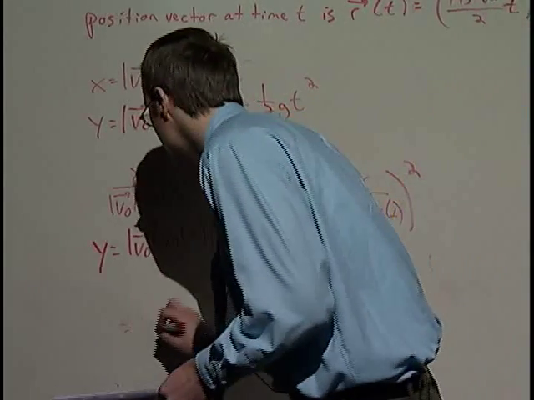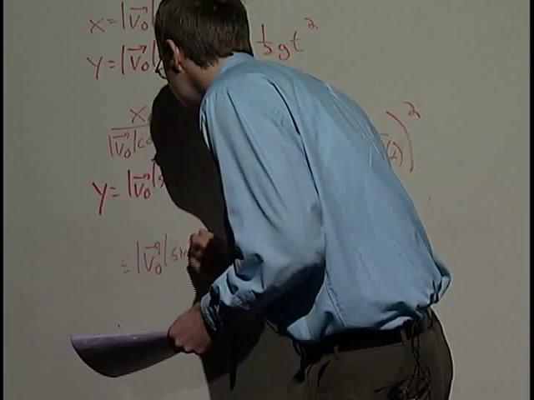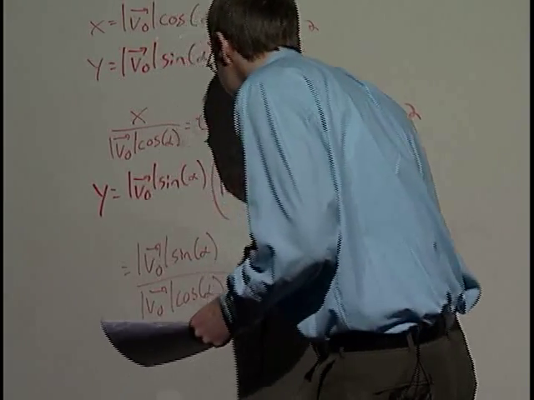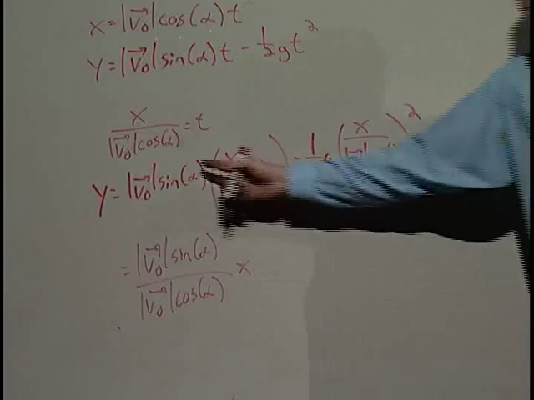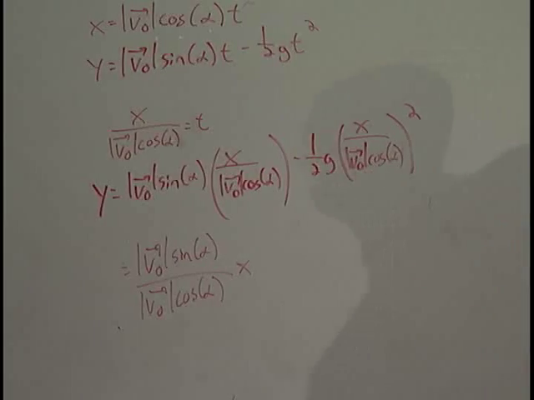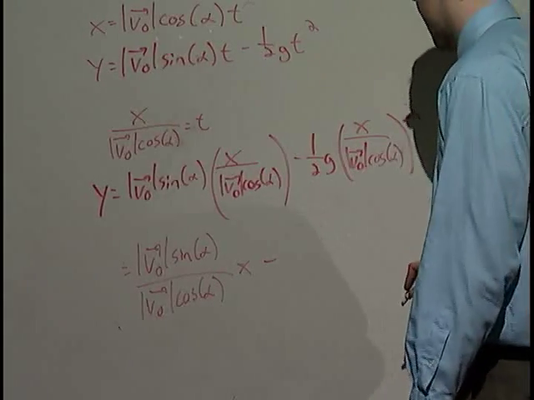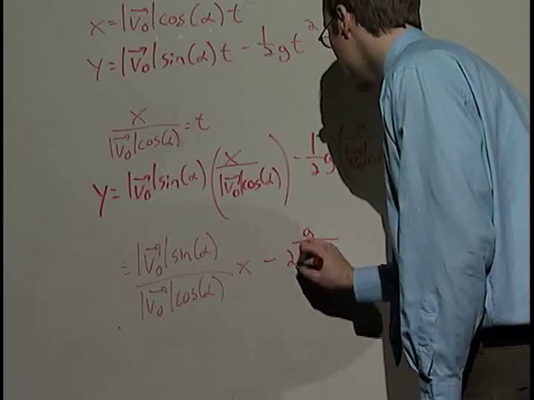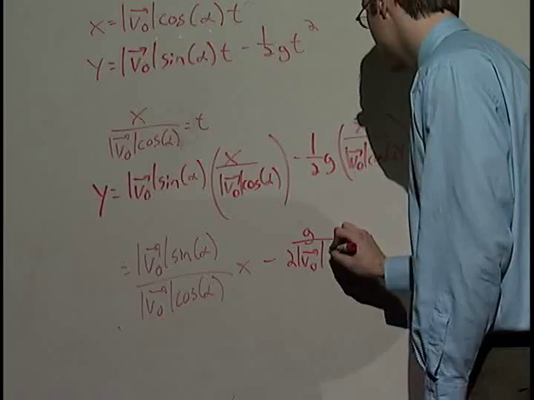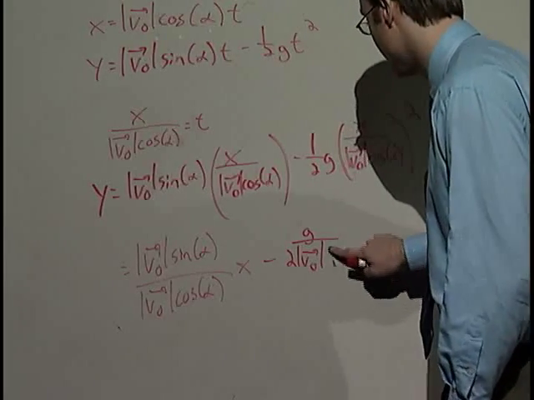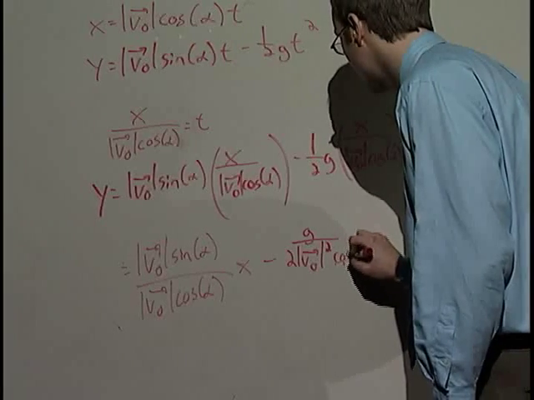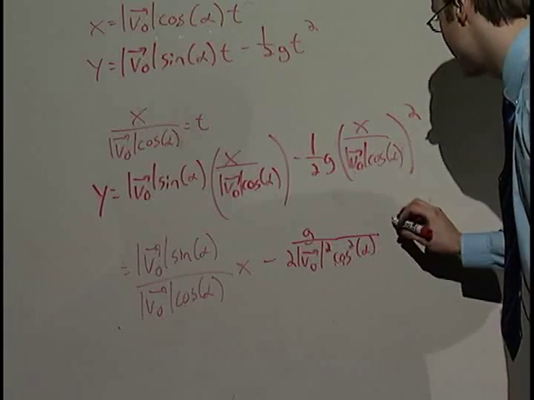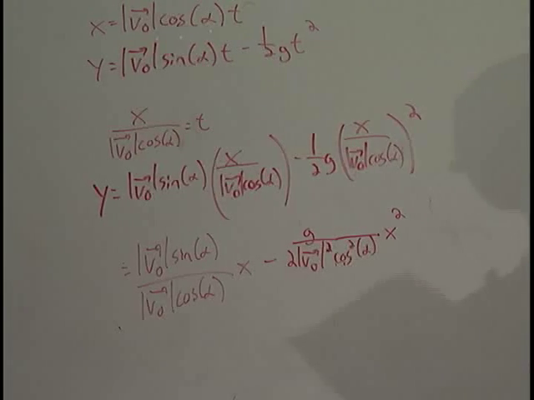So this is v naught sine alpha over v naught cosine alpha. That's the coefficient of just x, right? That thing there is x's coefficient, okay? And over here, what have we got? We've got g over 2 v naught squared cosine squared alpha. Catch everything there? And that thing there is the coefficient of x squared, right?